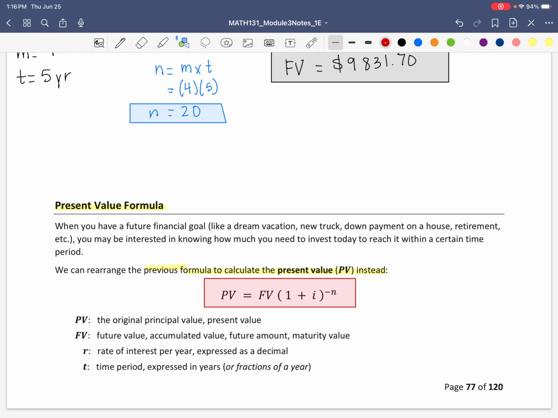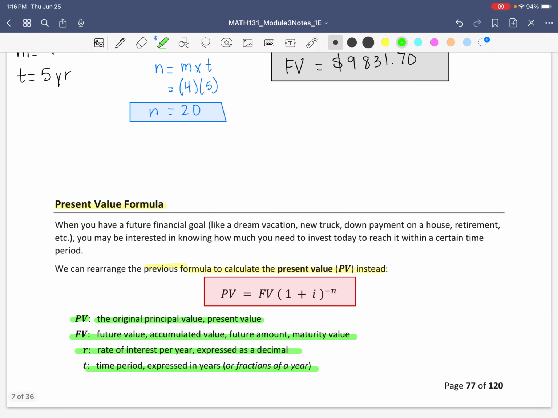So every variable in here is the same as before. We still have our present value, PV, which is the original principal value or present value, our future value, accumulated value, future amount, maturity value, basically how much we want in the future. We have our rate of interest per year, expressed as a decimal, and T, time period expressed in years or fractions of a year.